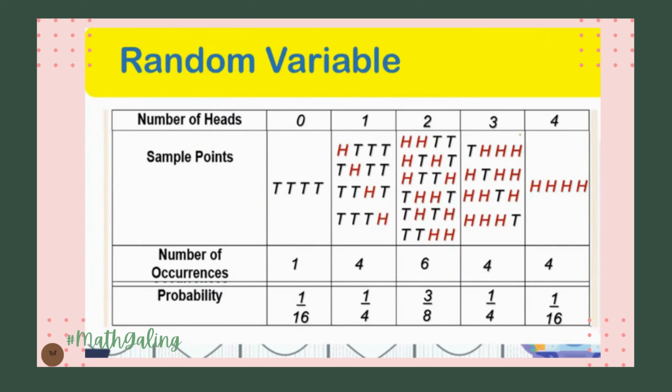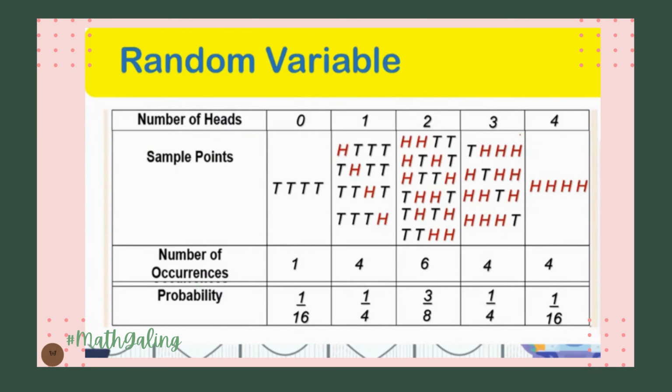Look at the color coding of the sample points. If there are 0 heads, we have 1 sample point. If 1 head, we have 4 sample points. If 2, we have 6. If 3, we have 4. And if 4, we have 1 sample point.